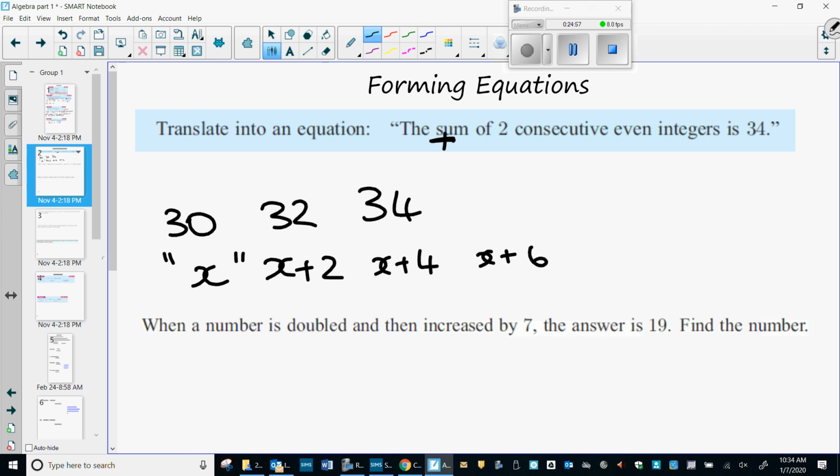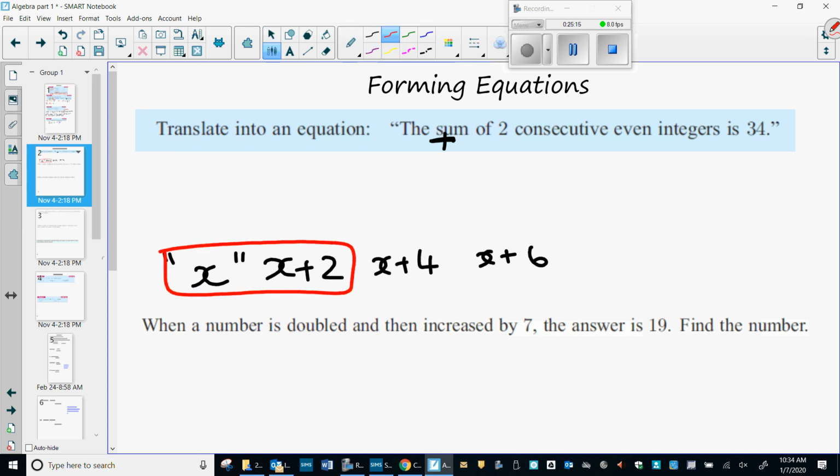Now let's go back to our actual question, because it says the sum of two consecutive even integers is 34. So we're only focusing on these two. You could have focused on these two, or these two, but it would be easier with just these two.